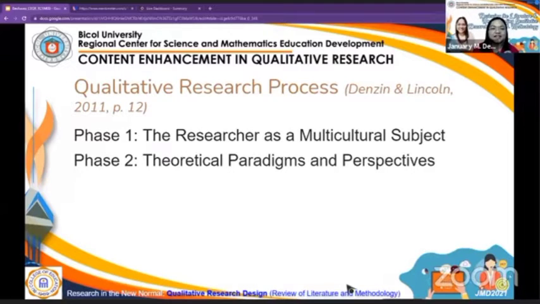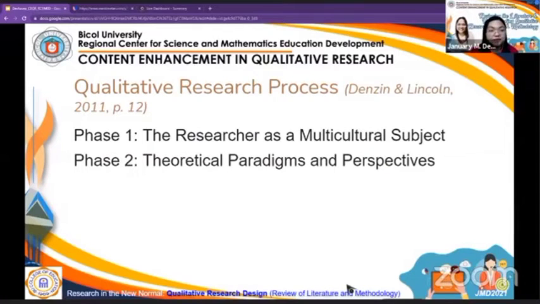That is why I think Denzin and Lincoln presented the five phases that define a qualitative research process. We could not search for a specific standard in terms of how you conduct it, but we have different phases. According to Denzin and Lincoln, the first phase of the qualitative research process is centered on the researcher.